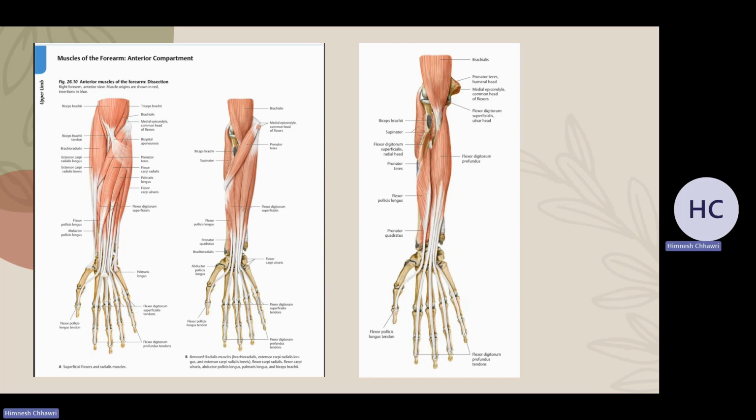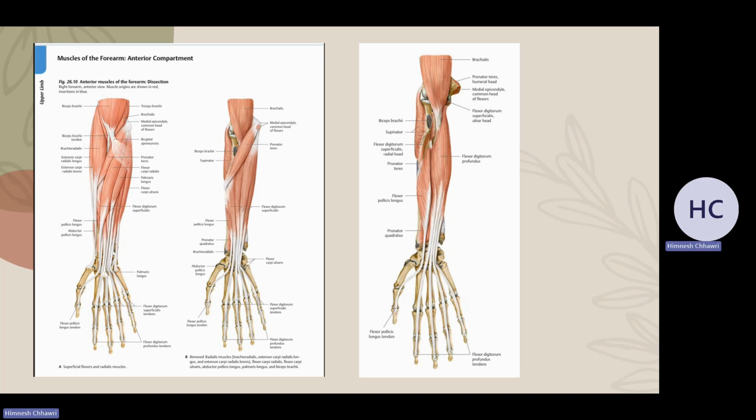Pollex is the thumb, correct. Flexor pollicis longus originates from the radius and interosseous membrane, then inserts into the distal phalanx of the pollex, the distal phalanx of the thumb. Easy peasy, responsible for flexion.